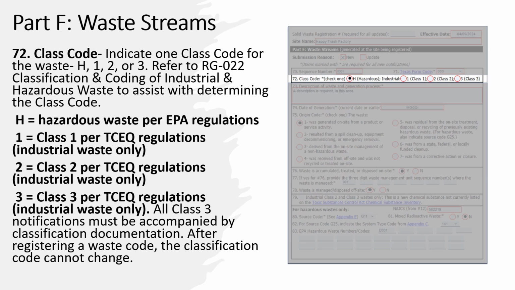Number 2 equals Class 2, and number 3 equals Class 3. This is all per TCEQ regulations of industrial hazardous waste only. All Class 3 notifications must be accompanied by classification documentation. After registering a waste code, the classification code cannot change.